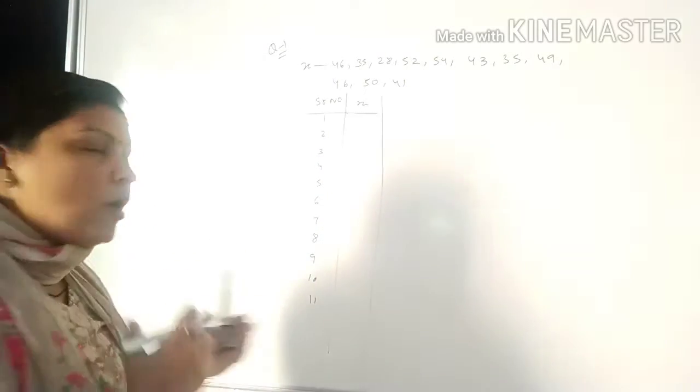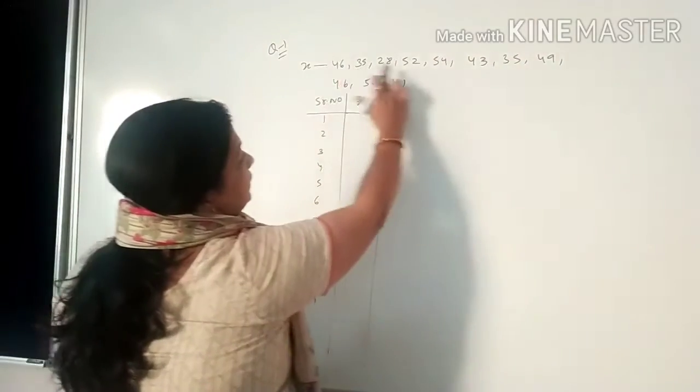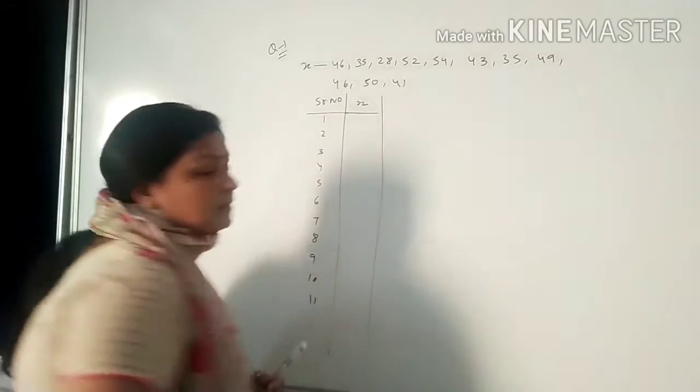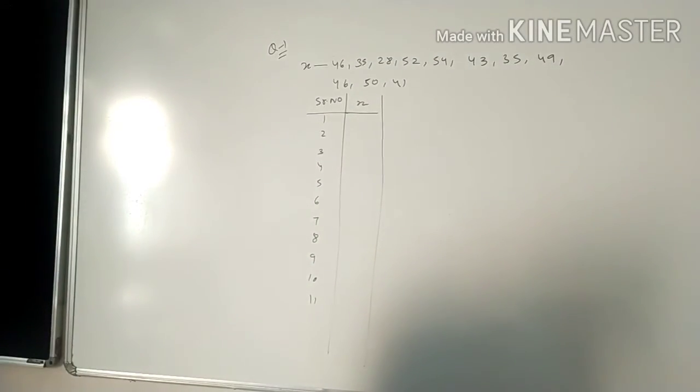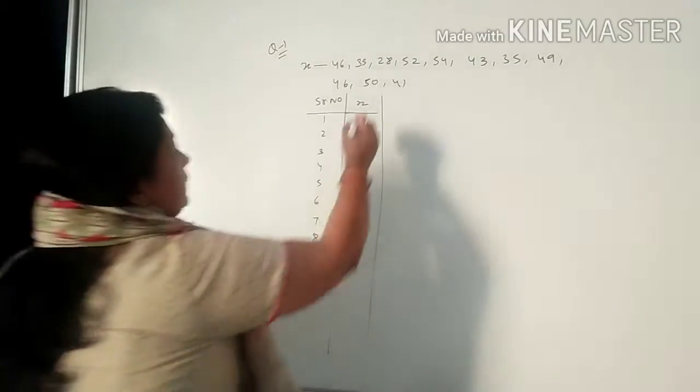Now arrange the data in ascending order. First you see that 28 is the smallest.